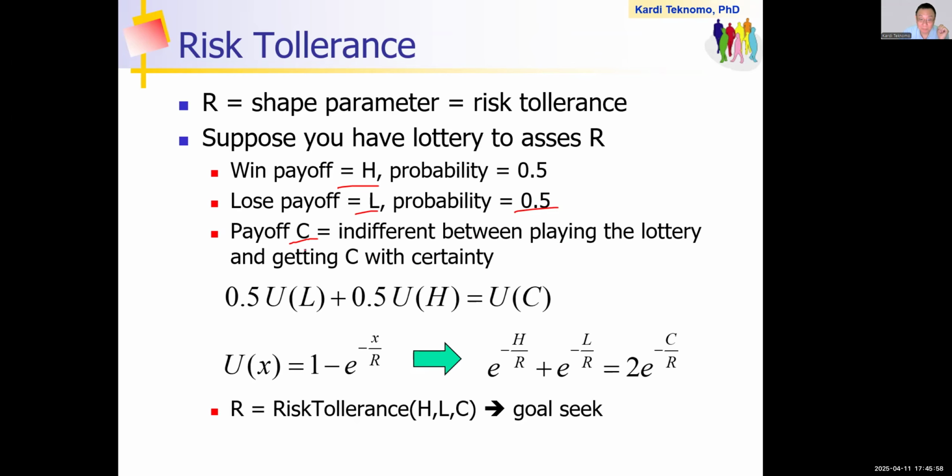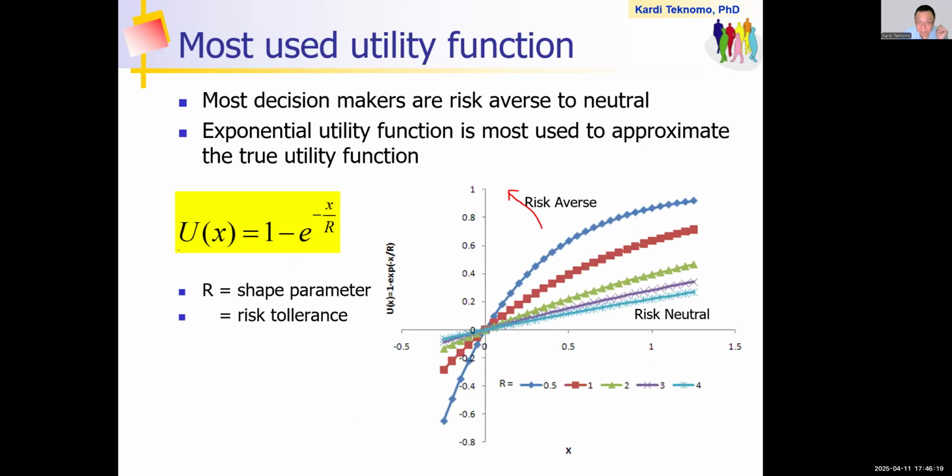Say I put here 0.5 and 0.5, for the utility of L, meaning losing, and this is the utility of H, meaning win. And then this is the indifference. We said earlier the utility function to be this way, right?